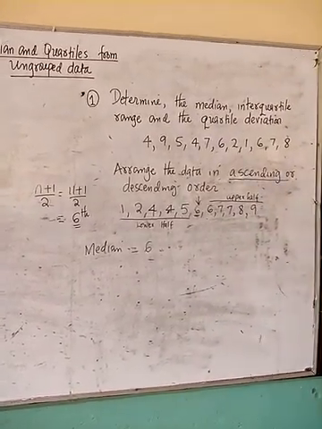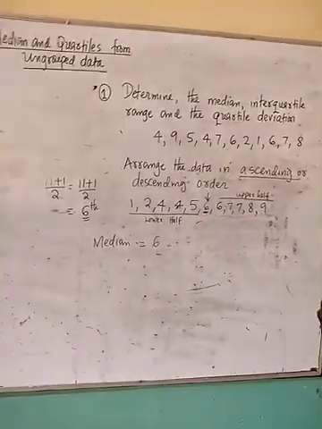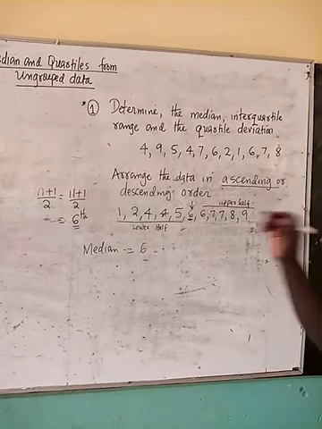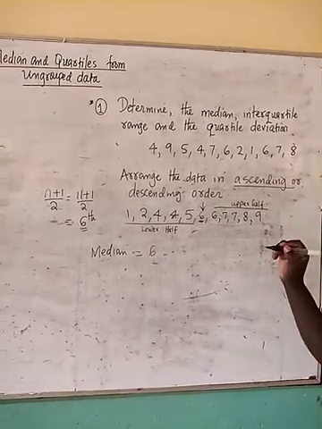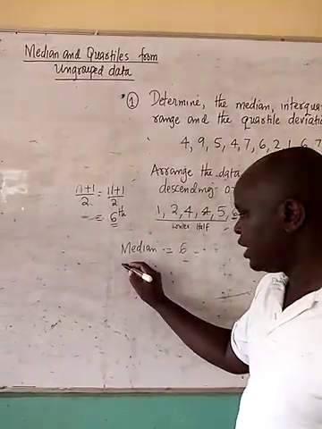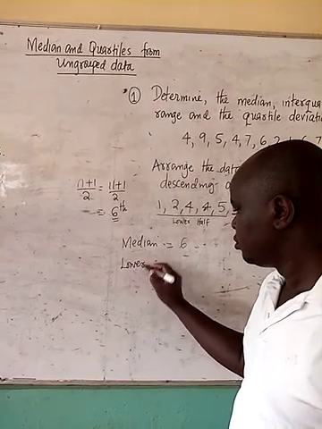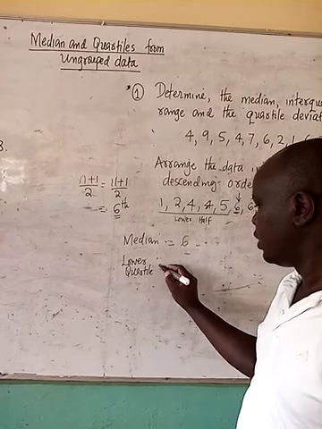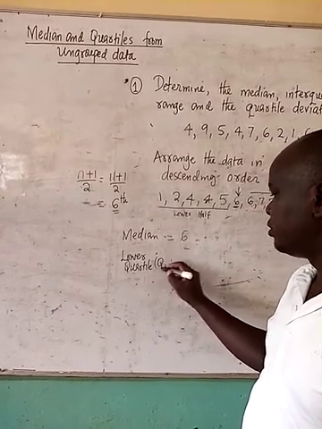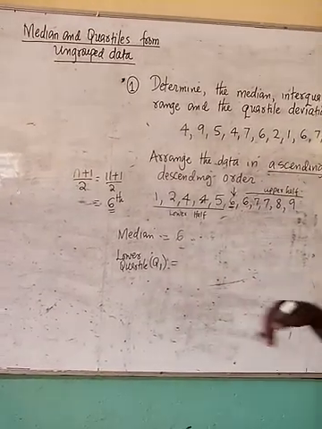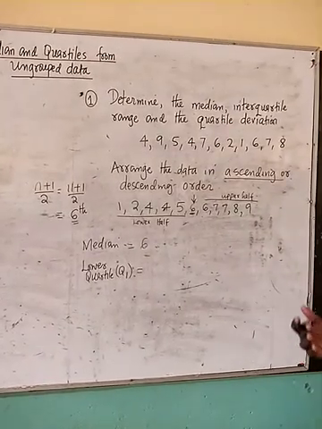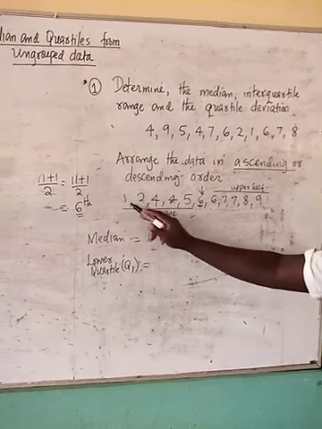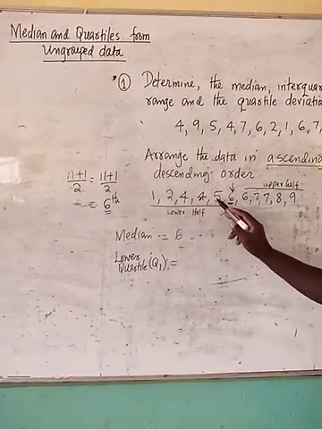So, when we are looking at the quartiles, we are supposed to get the lower quartile and the upper quartile. The lower quartile, which by now you know is denoted by Q1, is like the median of the lower half of the data. You can see the lower half has 1, 2, 3, 4, 5 numbers.